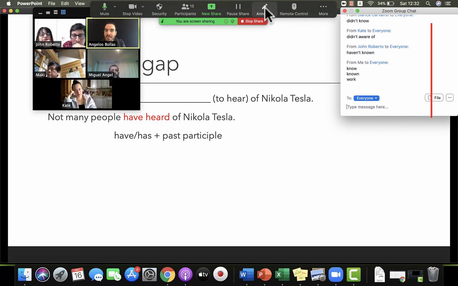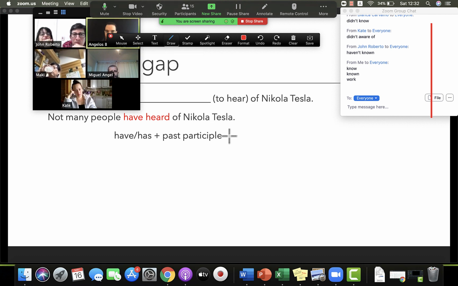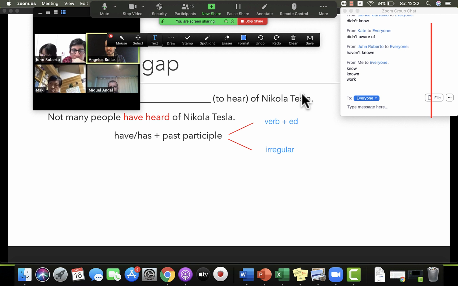So I have two possibilities here: either verb plus ed if it is regular, or if it is irregular, I need to remember the past participle, like hear, heard. This is irregular. Known. This is irregular.